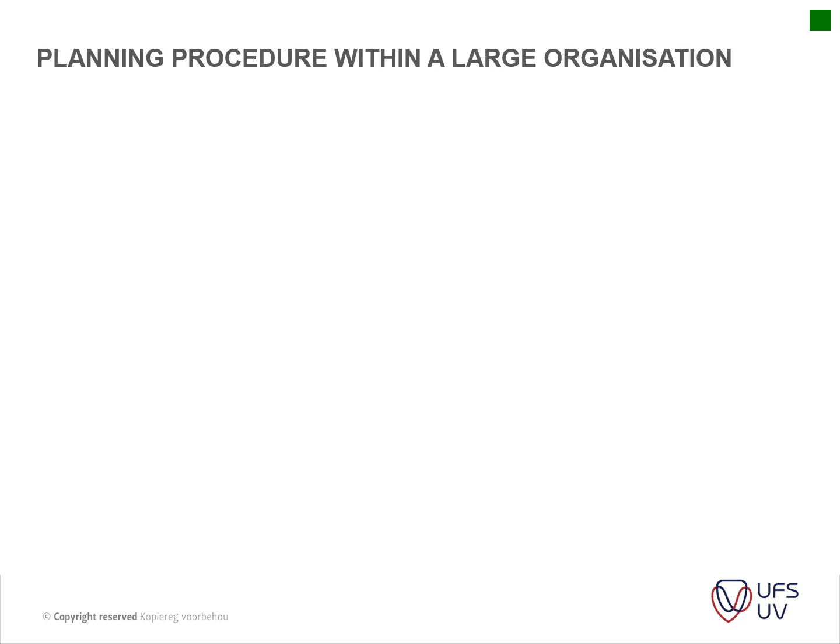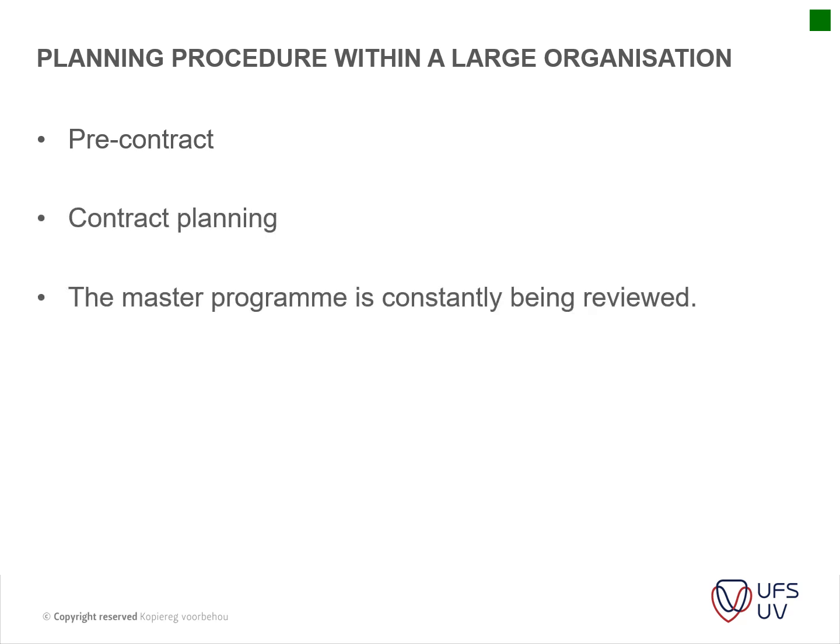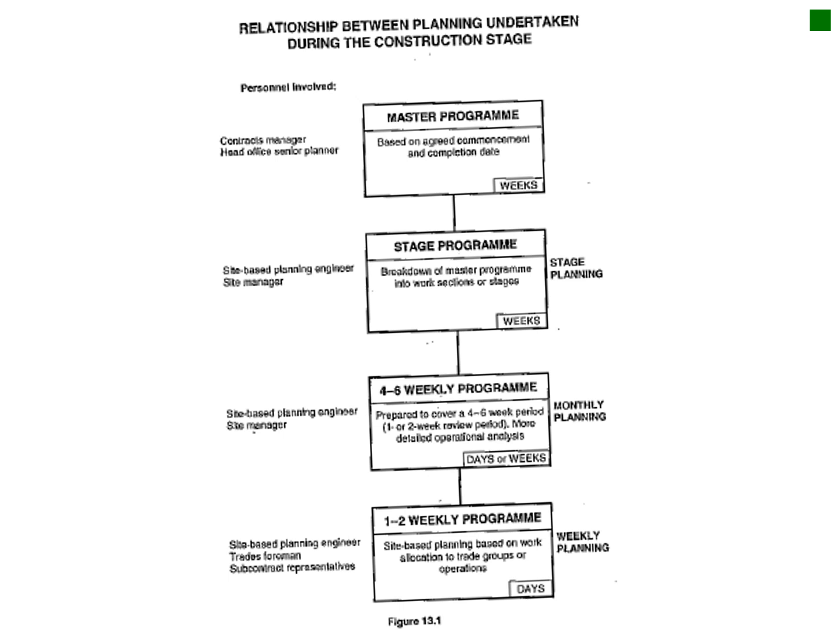Okay. Then planning within a large organization. We've got your pre-contract planning, you've got your contract planning, and then you've got your master program that is constantly being reviewed. Then we've got this little diagram, figure 13.1 on page 272.